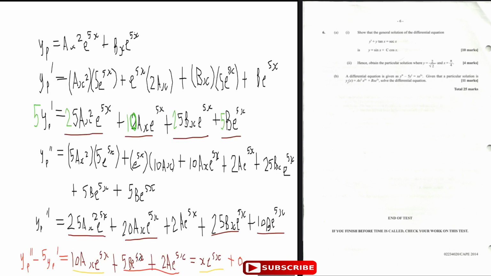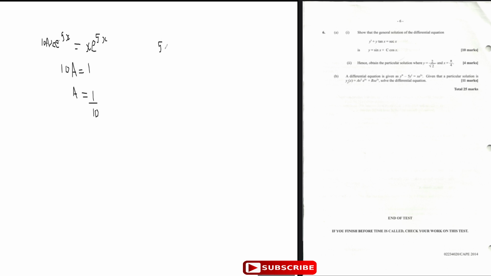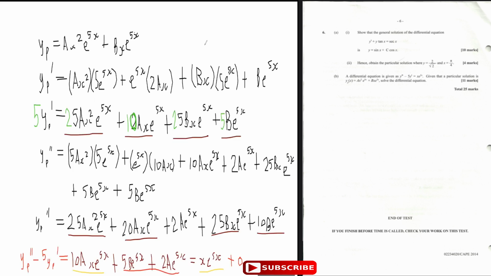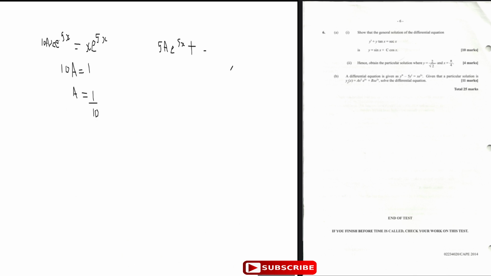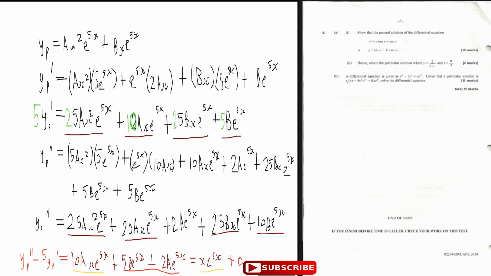Now 5b e to the 5x plus 2a e to the 5x must equal 0. That's the second equation: 5b e to the 5x plus 2a e to the 5x.